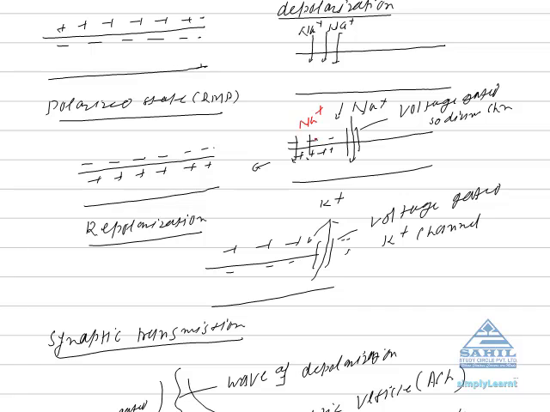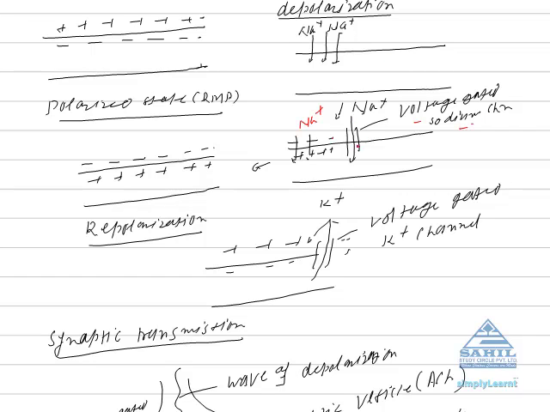It causes depolarization of the axon membrane. When minus 55 millivolt potential difference is achieved, the voltage gated sodium channel opens. Now sodium enters the axoplasm not through ion channels, but through the voltage gated sodium channel.